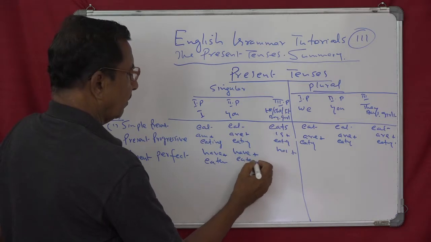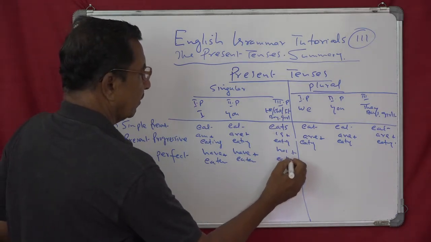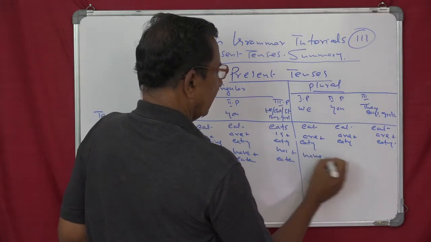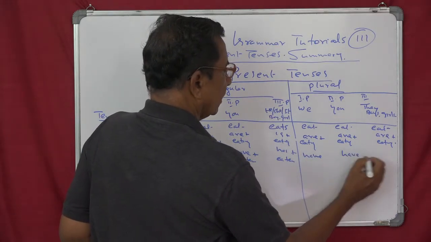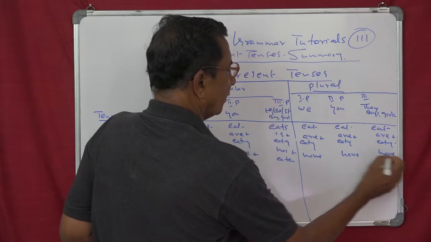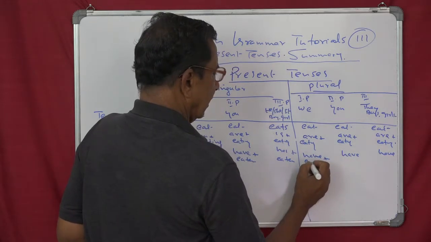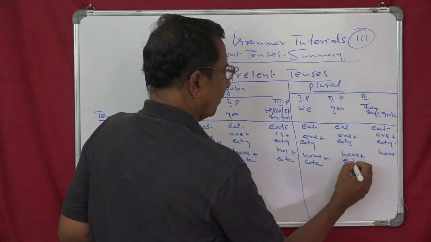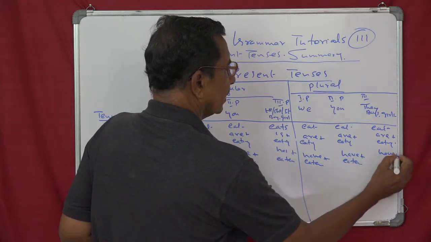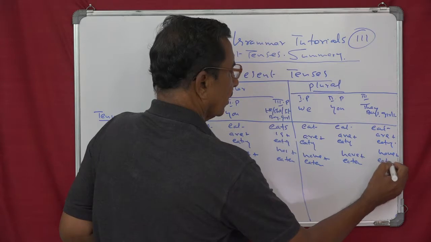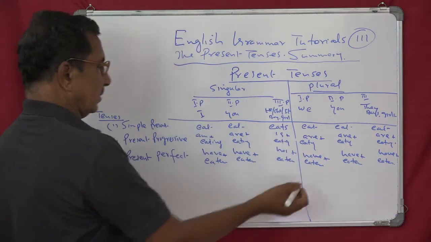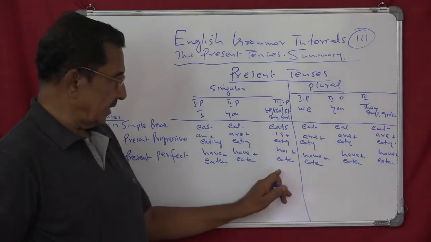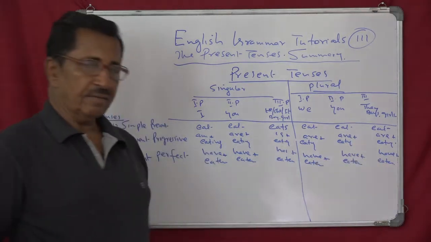Here also the same have, plus eaten. So the change is only in third person, no other place. Have eaten, has eaten, have eaten, have eaten.